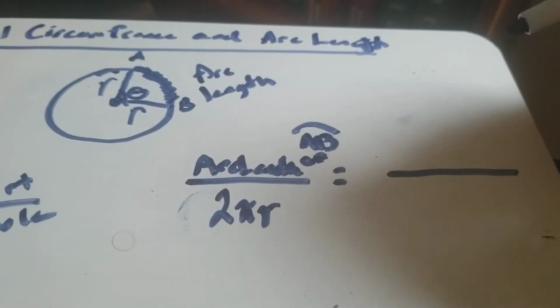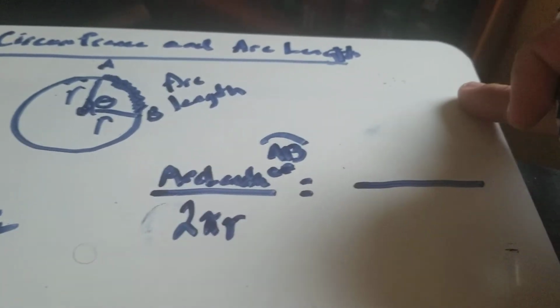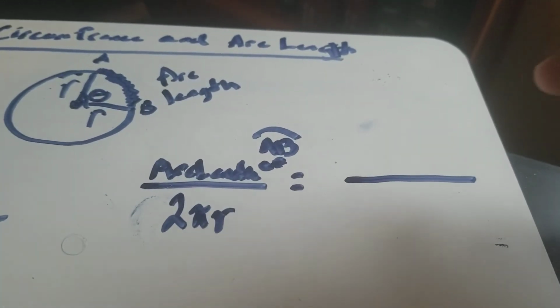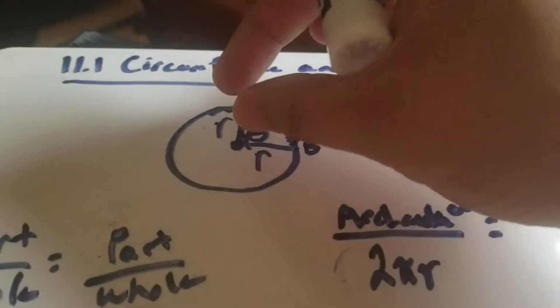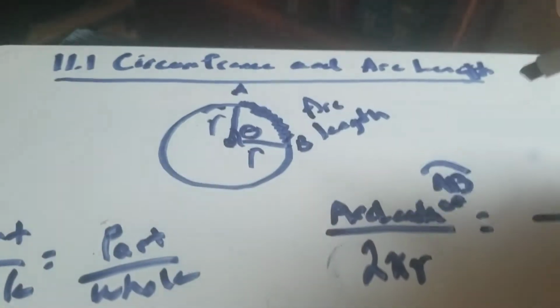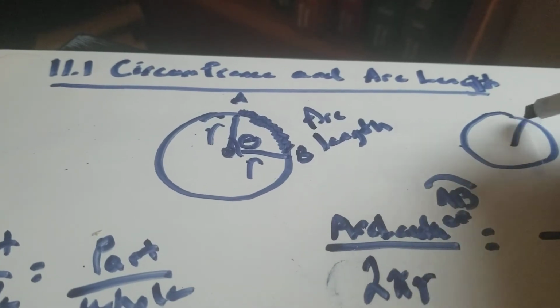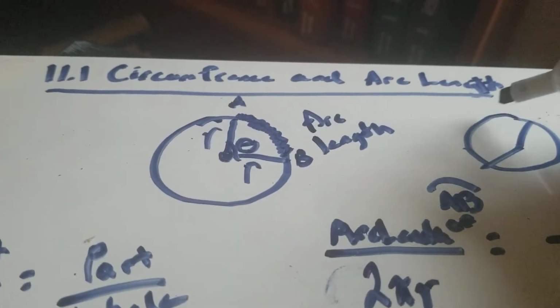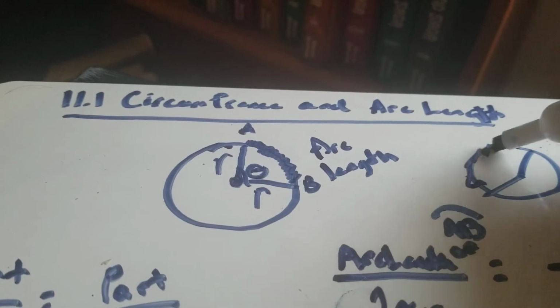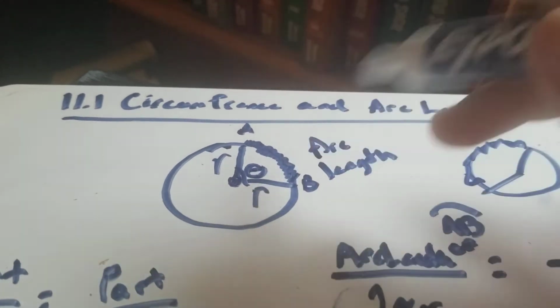Equals. This one, we're going to try to figure out how wide open this piece is. Because if the opening was like this big, it's going to change how much of the arc length is covered. So we need to know how wide open it is.